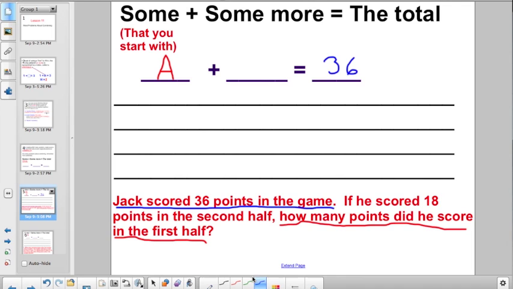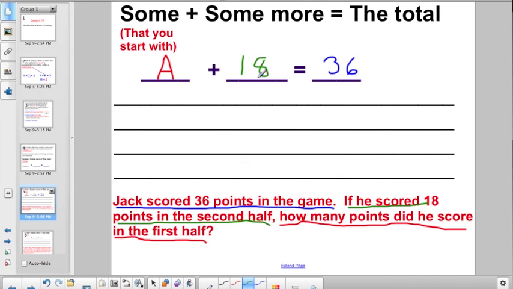Our next sentence says, if he scored 18 points in the second half. So 18 points would be some more of the points he scored. We don't know how many points he scored in the first half. He scored 18 points in the second half, and he scored a total of 36 points in the game.